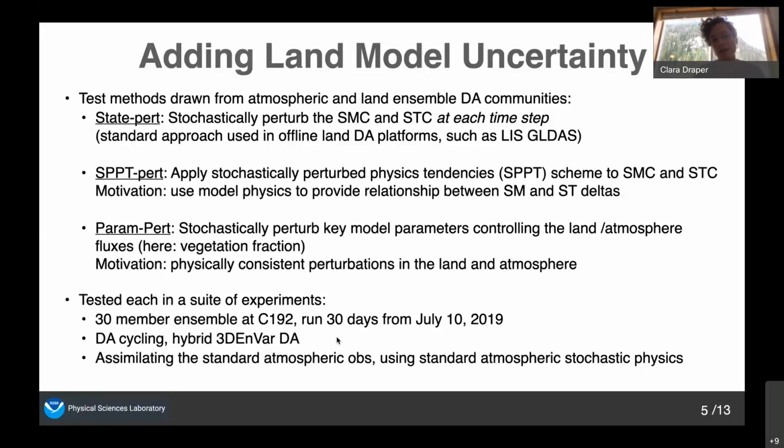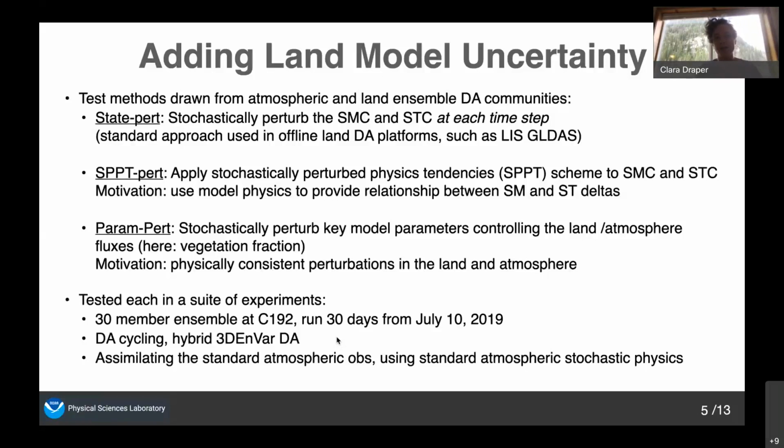This is a very standard approach that's used in offline land data assimilation systems. One of the issues with this is that you need to make an assumption about the correlations or lack of correlations between the errors that you apply to the soil moisture and the soil temperature. And those errors can actually change signs depending on what the local conditions are. So in the next experiment, I used SPPT.